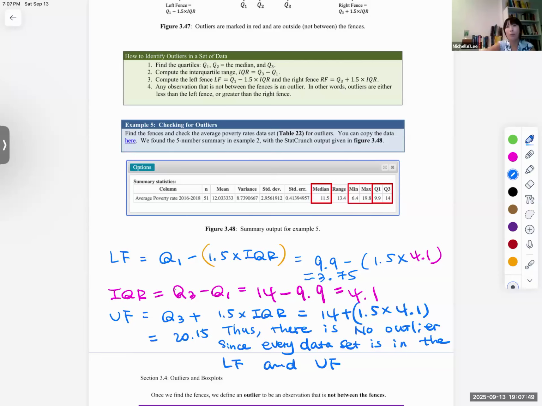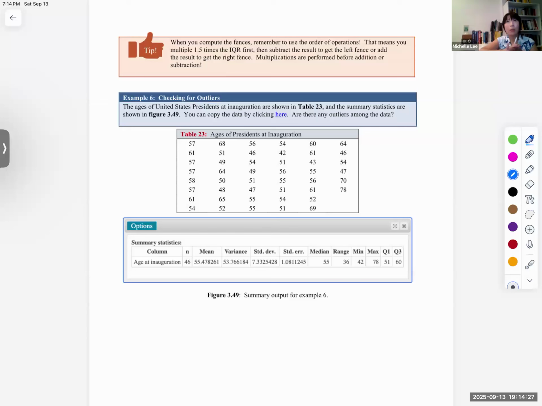Yeah, okay. All right, now let's find outliers in another data set, then we can check the answer with StatCrunch. StatCrunch does not provide the lower fence and upper fence, but they have IQR, right? So once again, StatCrunch does not have the lower fence and upper fence, so we have to do it by hand, but we can check for outliers with a box plot, right?